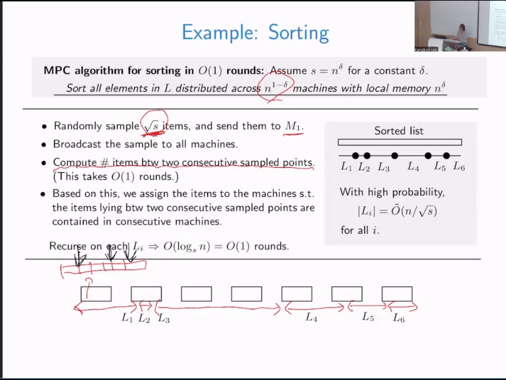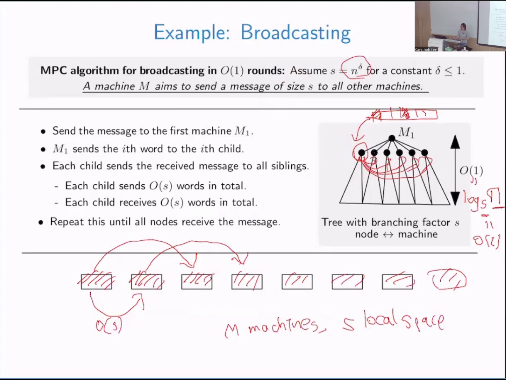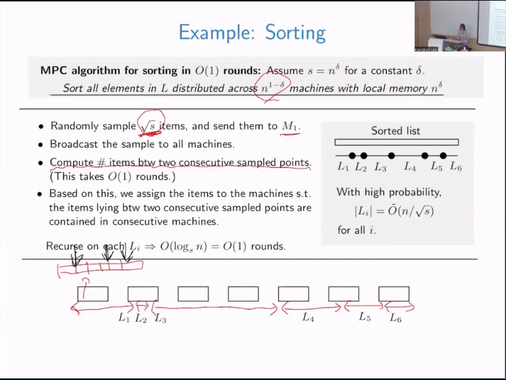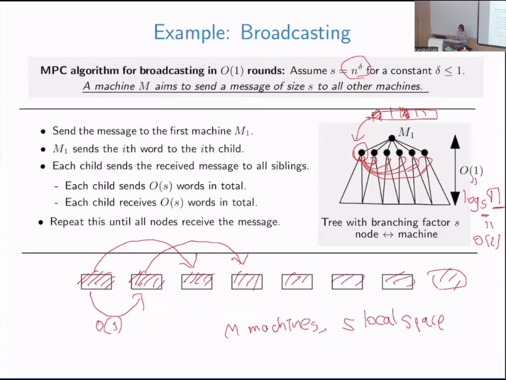Yes, it can be done by slightly modifying this broadcasting algorithm. For instance, here we choose root S elements uniformly at random. Here we choose root S items uniformly at random. Then we merge and reduce those pivots by traversing the tree from the bottom to the root.